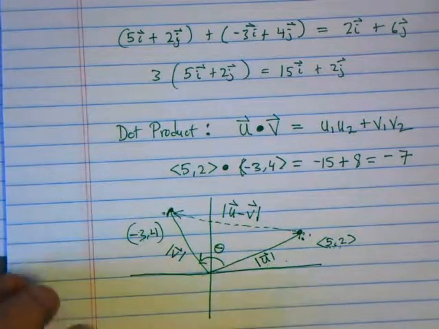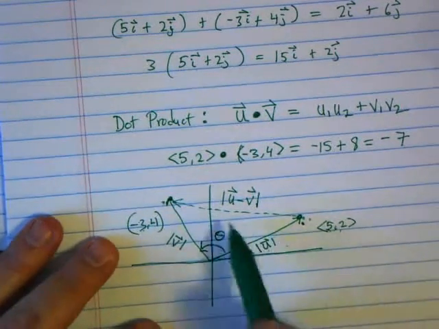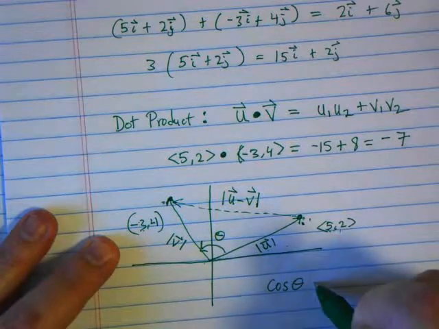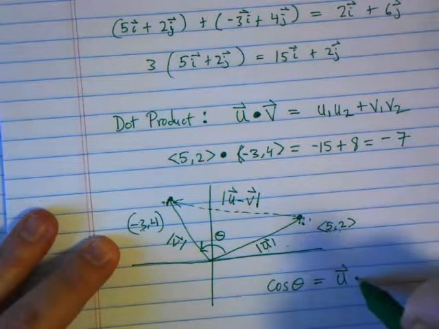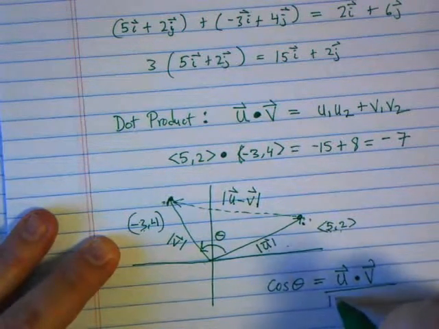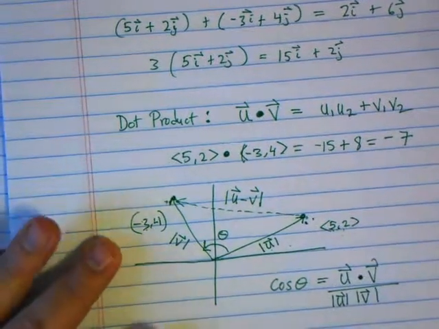It turns out it's pretty messy to work out, so I'm not going to work it out. It turns out that cosine of theta is u dot v divided by the norm of u times the norm of v.